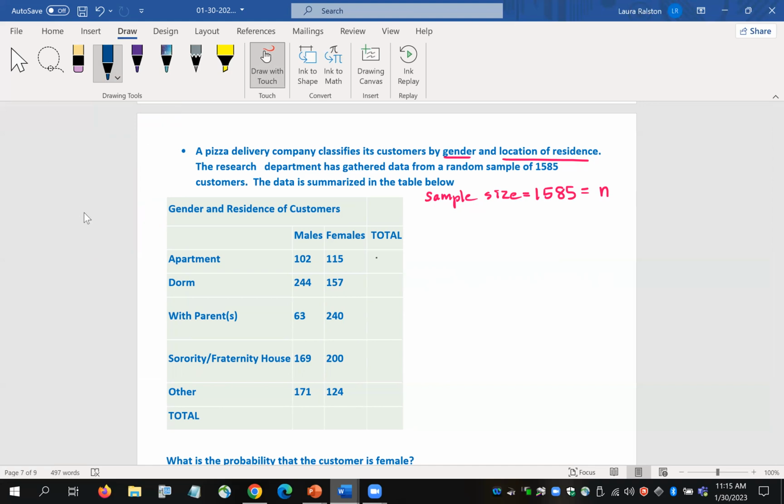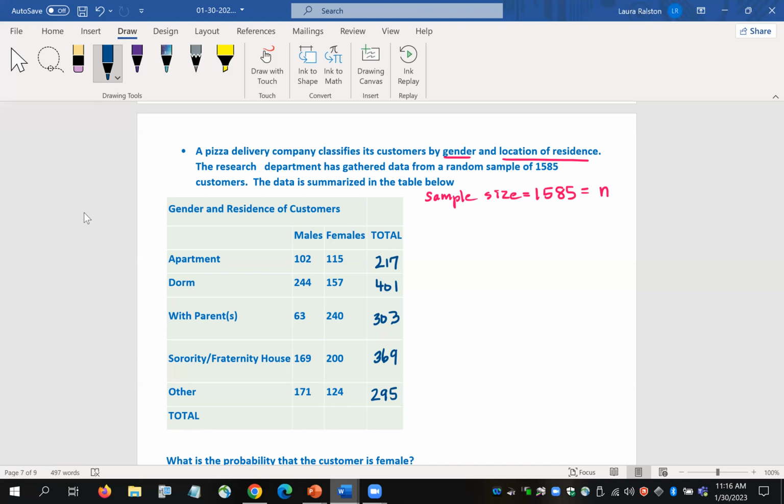So there are a total of 217 people that live in an apartment. 244 plus 157, that's 401 who live in a dorm. 63 plus 240, 303 who live with parents. 169 plus 200 is 369 that live in a sorority or fraternity house. And then 171 plus 124, which is 295, that live in others and somewhere else.